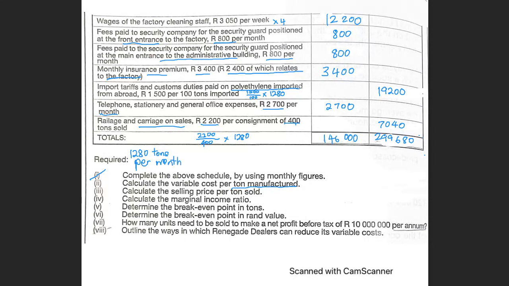So to bring it to a per unit figure, all you're going to do is say that it is the total variable cost divided by the number of items produced, number of tons per month.